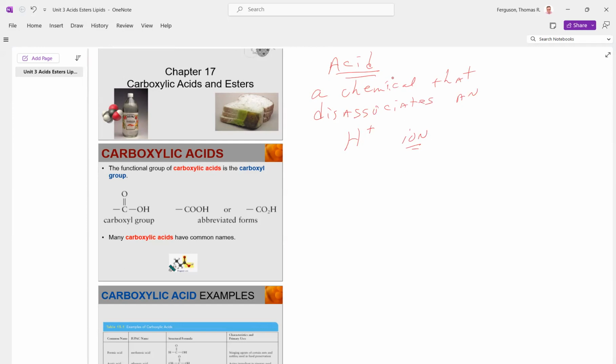An acid has to have a hydrogen group on it that will disassociate, come away from that chemical. As you know, there's a ton of hydrogens in organic chemistry, but only if that hydrogen disassociates is it called an acid.